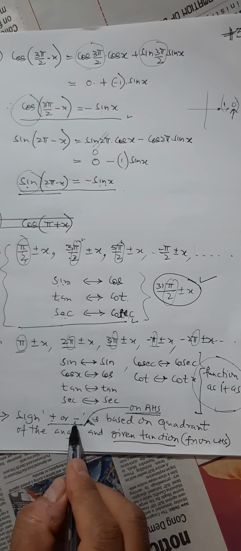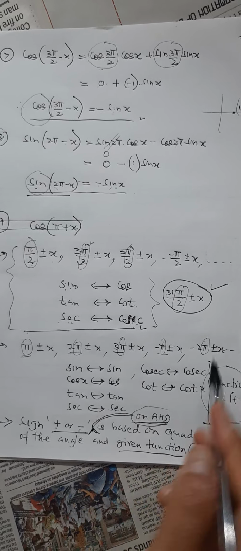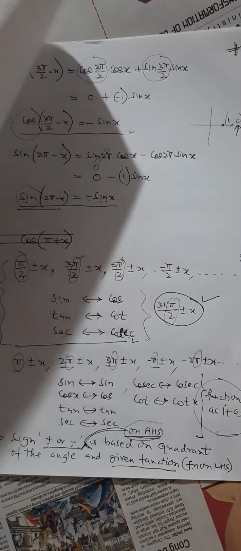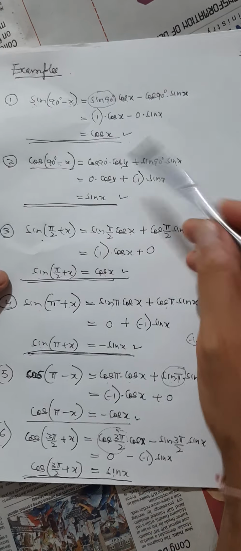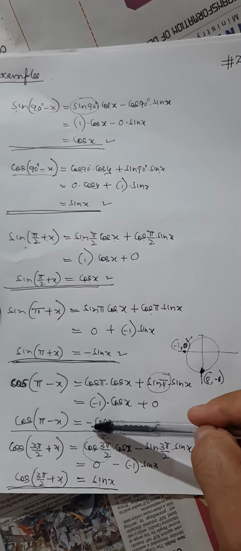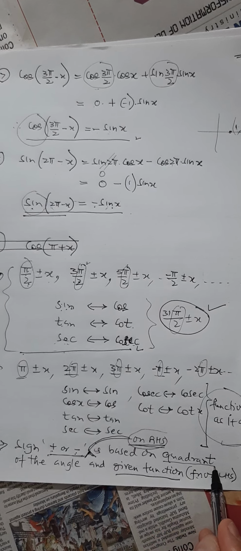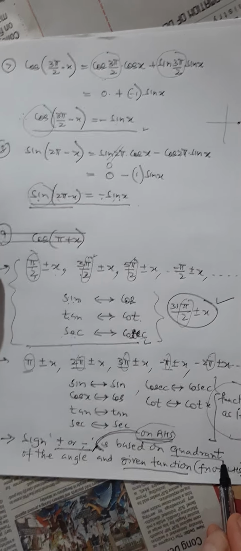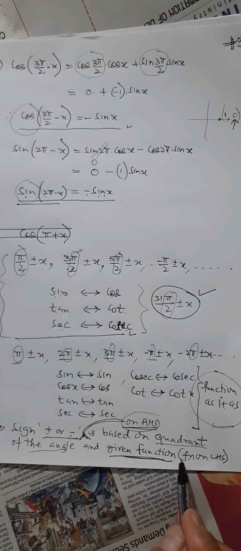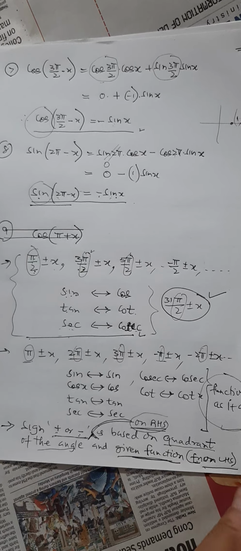Whether this is minus, or here, whether this is plus, minus. How will we decide this? Based on two things: quadrant of the angle and the given function, that is the function on the left hand side.